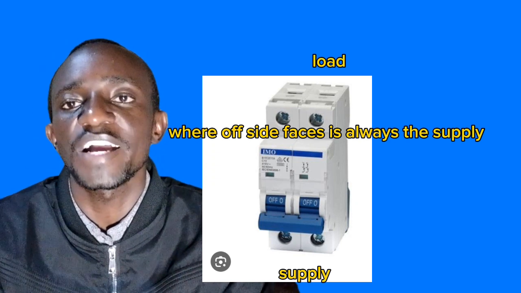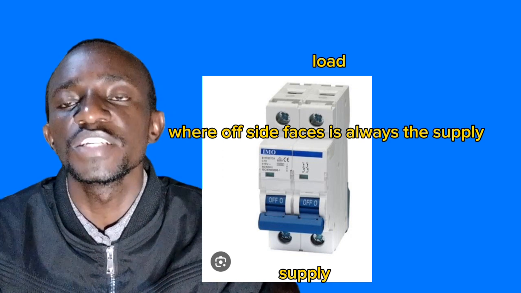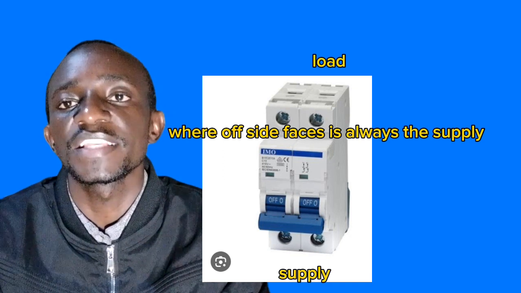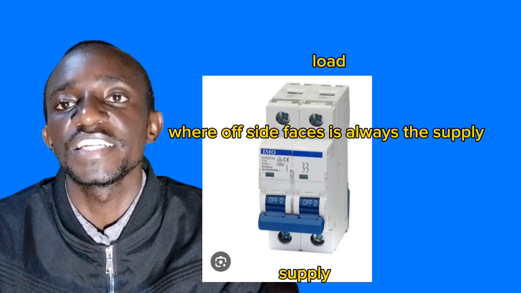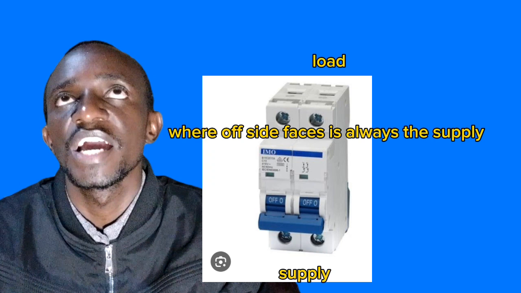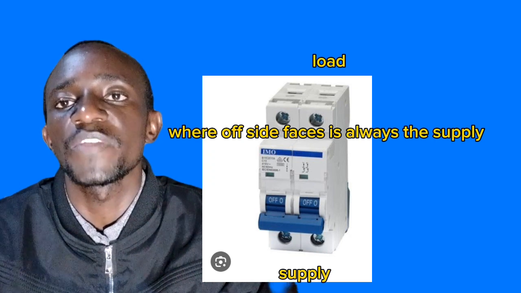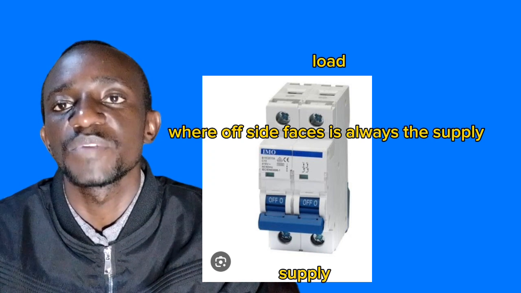If you're using a circuit breaker as your main switch, when you switch it on, there is an indicator showing red, and when you switch it off, there is an indicator showing green, and that one is usually at the top of the circuit breaker.